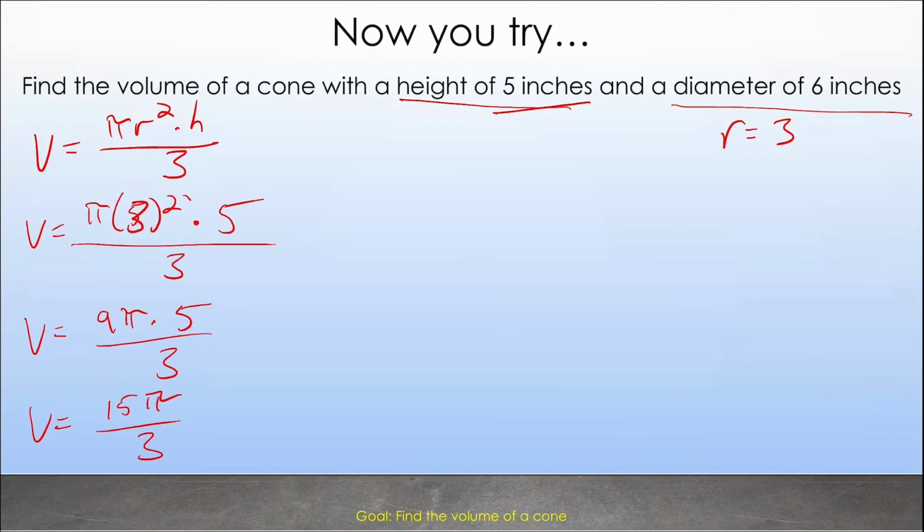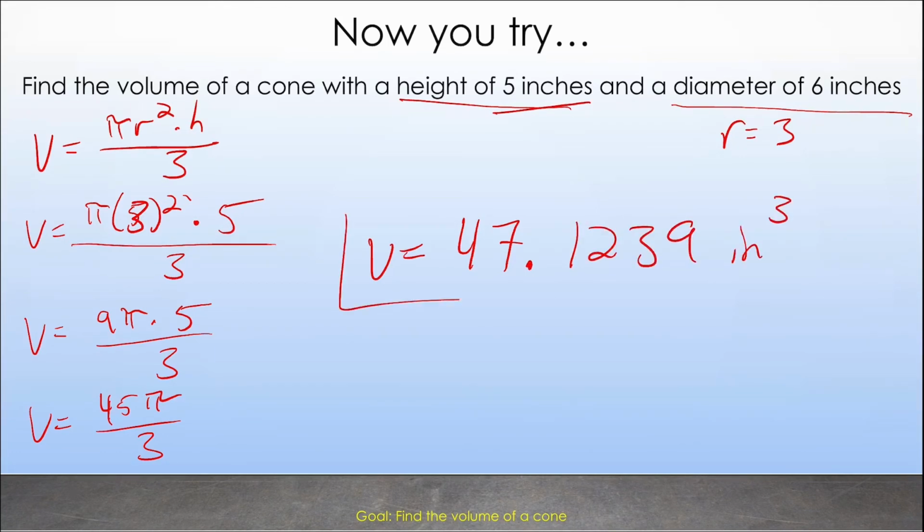Okay. Oh, 9 times 5 isn't 15. It's 45. That would change some things. Alright, so we have 45 pi divided by 3. That's going to get us 47.1239 inches cubed. There's my volume.